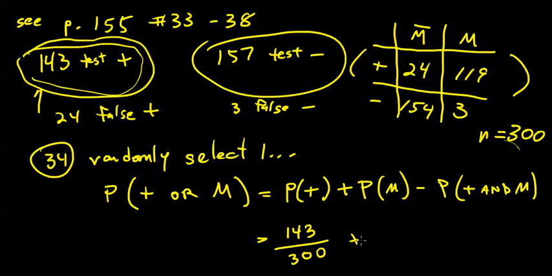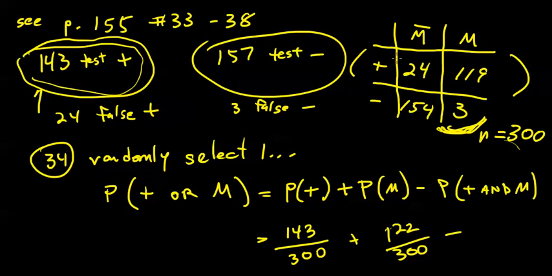plus the probability of marijuana use. Well, that's the probability of this column, right? Or the sum of this column, really, divided by 300. So that would be 122 divided by 300 minus the probability of positive and marijuana.